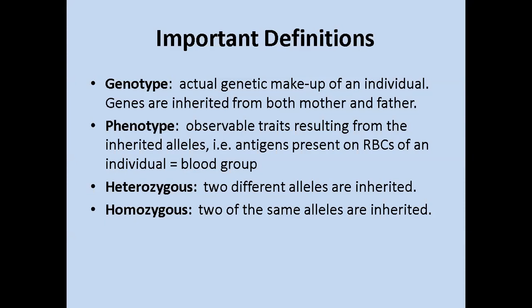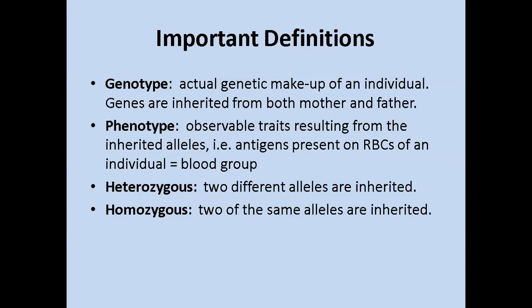When we compare this to phenotype, phenotype are observable traits that result from these inherited alleles. And basically phenotype is what the results we're going to be getting from our testing. Okay, tube testing.